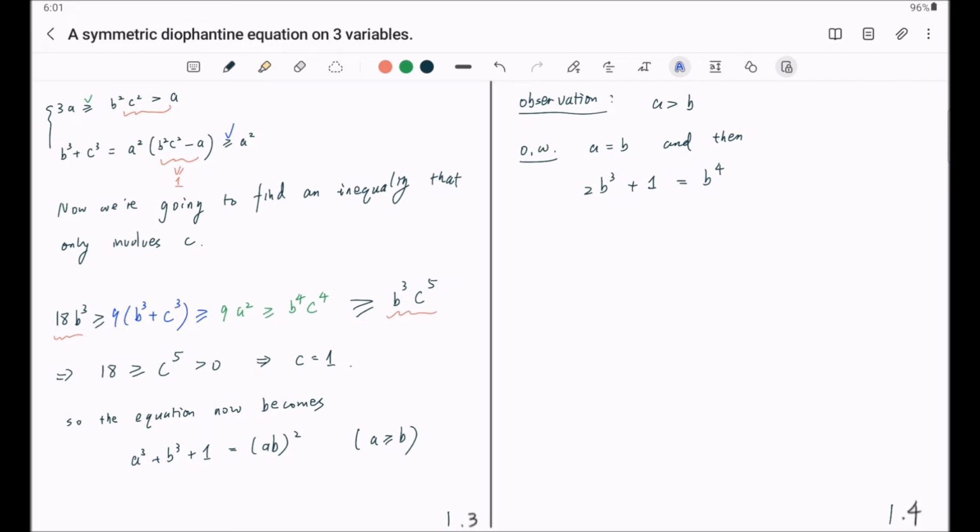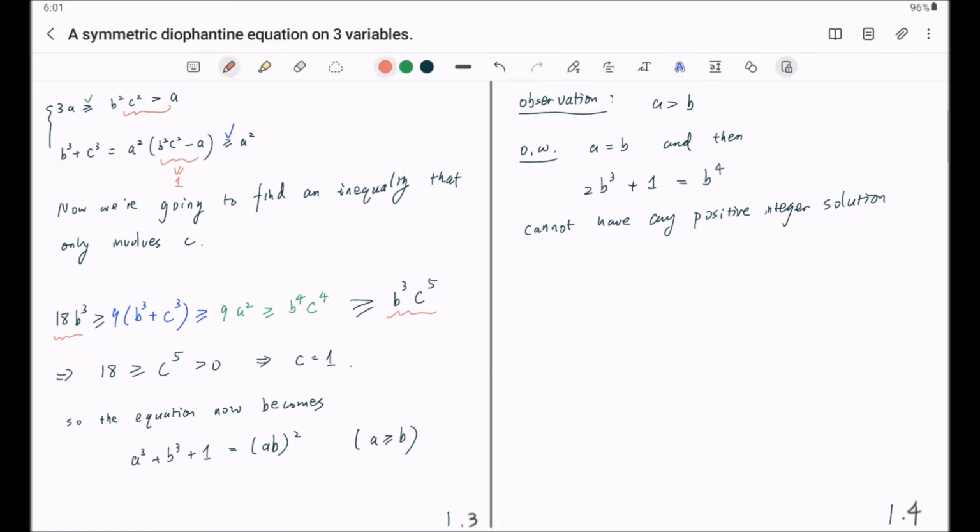This is a single variable equation. This is pretty easy to check because the right-hand side grows much faster than the left-hand side when B gets bigger. So you just test with some small values of B, and when B gets bigger, it will be obvious that the left-hand side is less than the right-hand side.